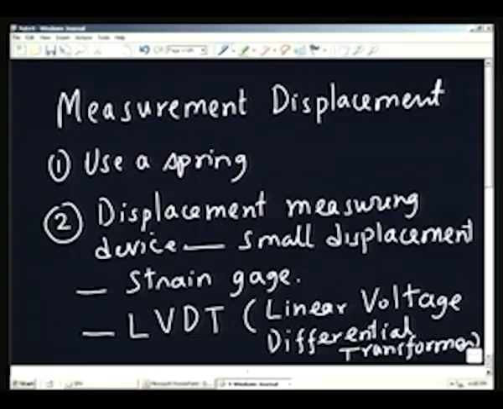In the strain gauge, in this case, resistance change is measured. The electrical resistance of an element undergoes a change when it is subjected to a displacement, and therefore I am going to have one more transduction or one more transducer action. Pressure gives rise to a displacement.